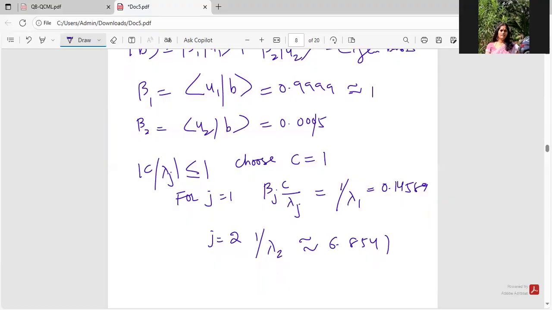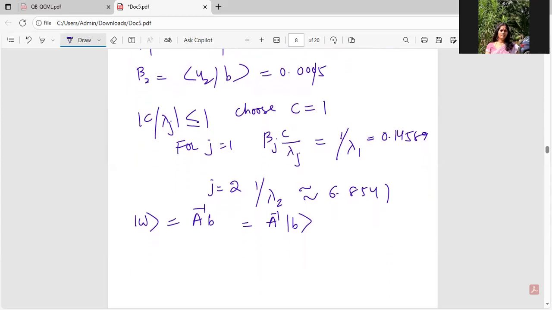Just see here. Suppose I write ket W, it is nothing but A inverse B. Now my B is no more normal B, it is nothing but my ket B. Of course, A inverse I have to find. I've written the spectral decomposition for A. So what I will be getting would be lambda 1 inverse beta 1 ket U1 plus lambda 2 inverse beta 2 ket U2.